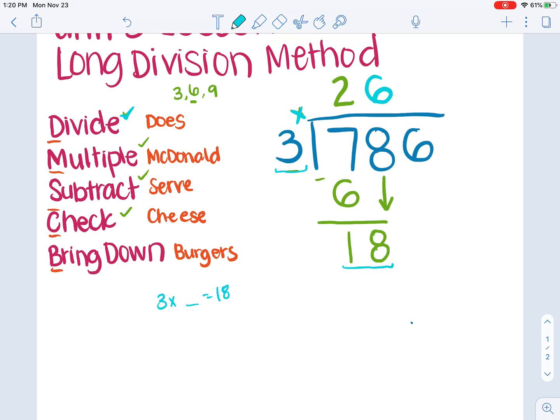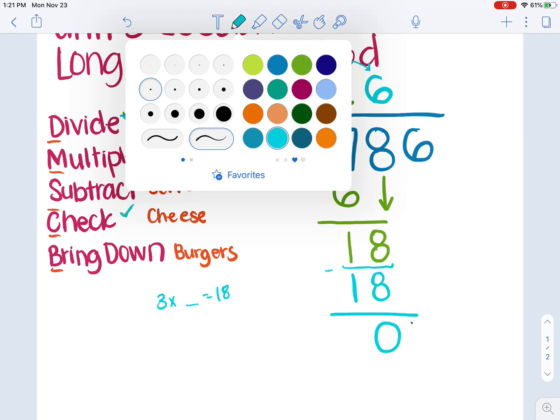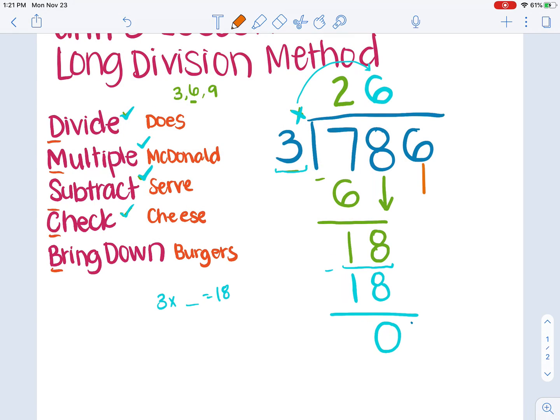Then I'm going to multiply. 3 times 6 this time is 18. Now I'm going to subtract. 18 minus 18 is 0. Now I'm going to check. Is 0 smaller than 3? Yeah, we're good to go. Now let's bring down.